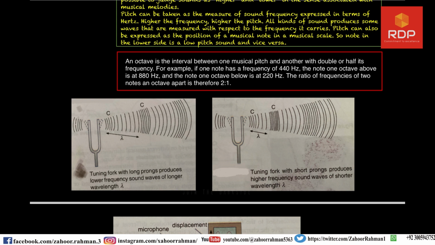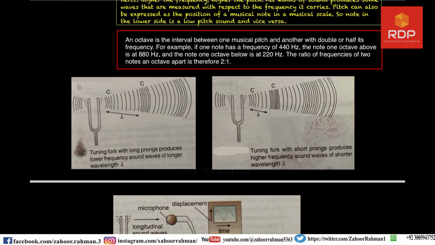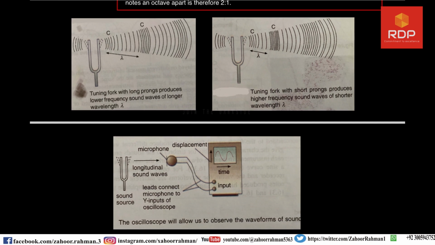So, dear learners, if two prongs are producing frequencies of different hertz, then it means that the waveform will also be different from each other, and that can be observed through the oscilloscope. The waveform of sound can be observed.